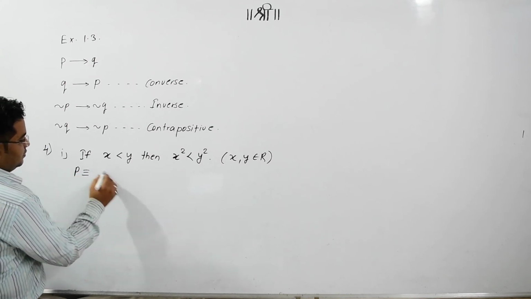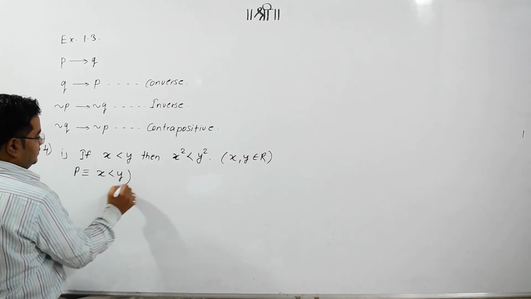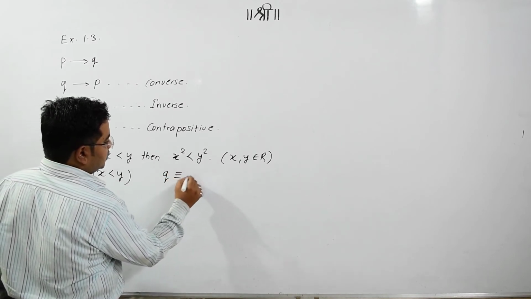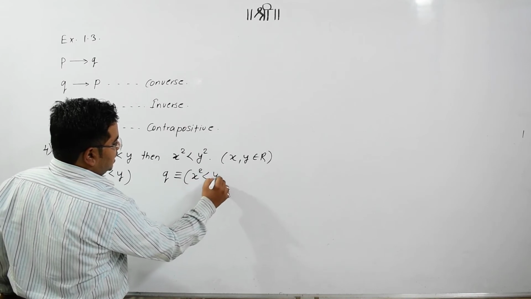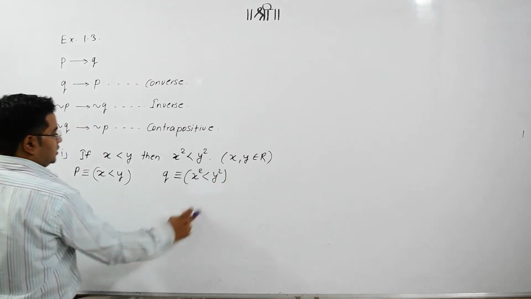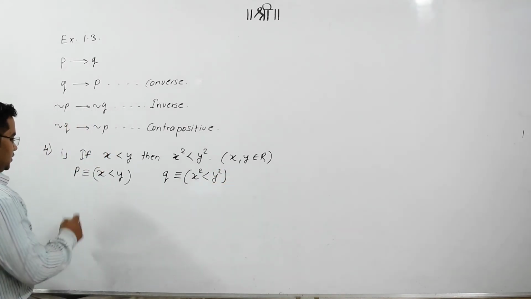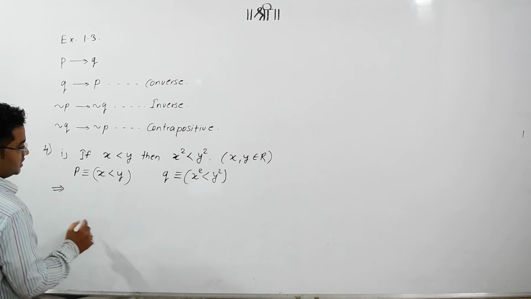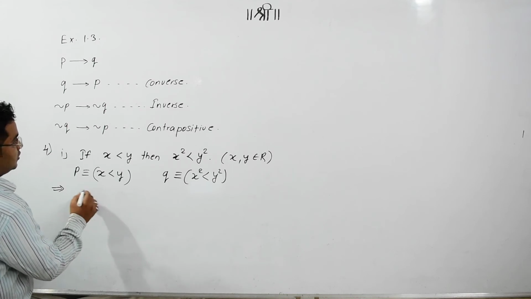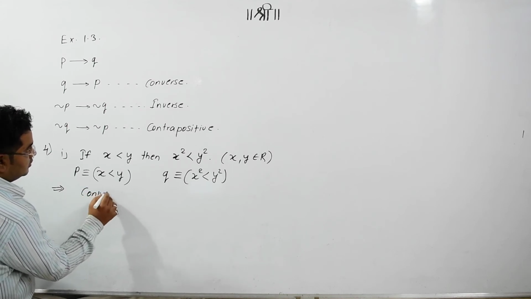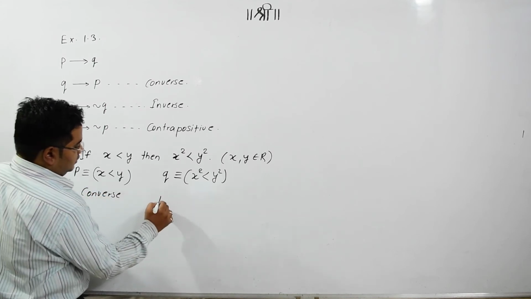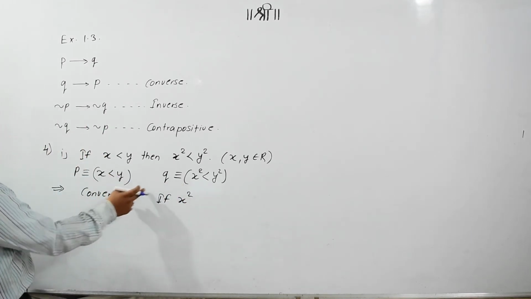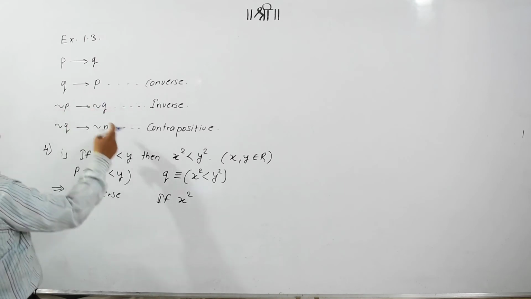Now first, what is P? P is simply x is less than y. This is the first statement. And next, what is Q? Q is x square is less than y square. Now what is the contrapositive of this? So here our question's answer starts. The converse: as you can see this is Q, so Q implies P is called the converse.